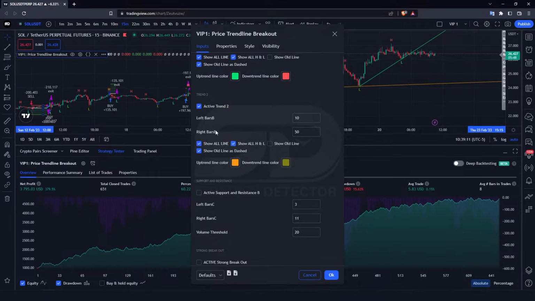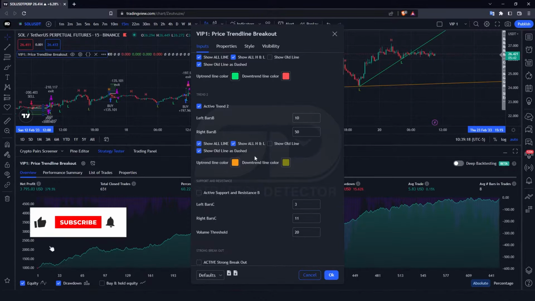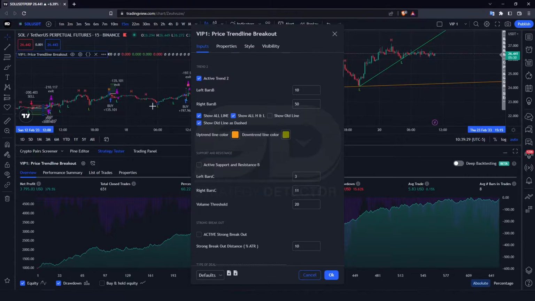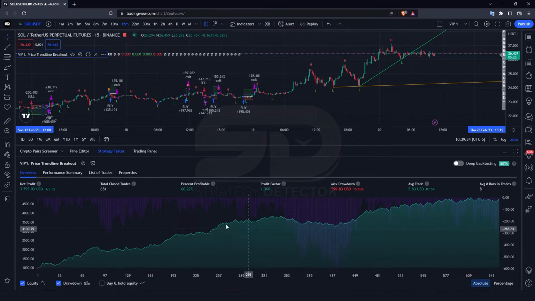The second input is trend line 2, that I call the bigger trend line. And the third input we have here is support and resistance, and we can also consider using it for the strategy. This strategy has a very good performance and good results in different currencies and different time frames, and you can use it in your trades.